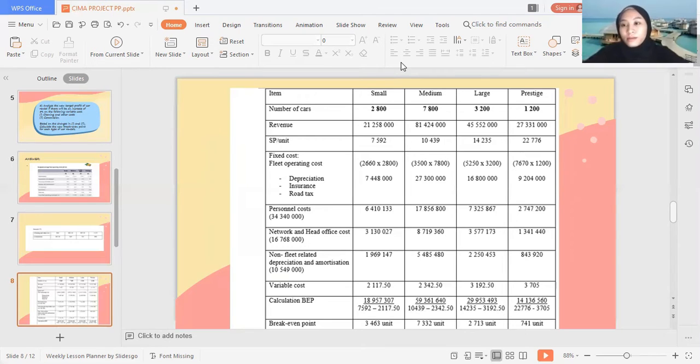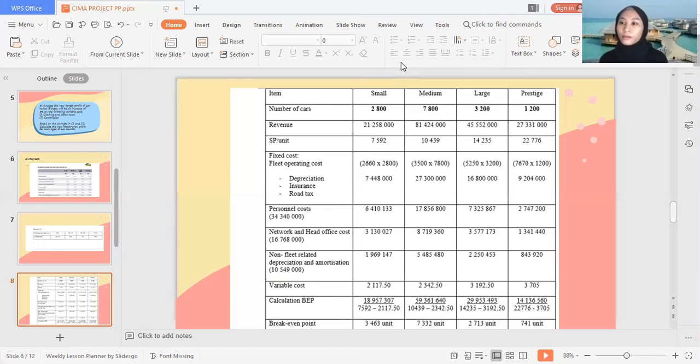And for the medium, the number of cars is 7,800 with revenue 81,424. The selling price per unit is 10,439. The fixed cost is 27,300,000. Personnel cost 70,856,800.